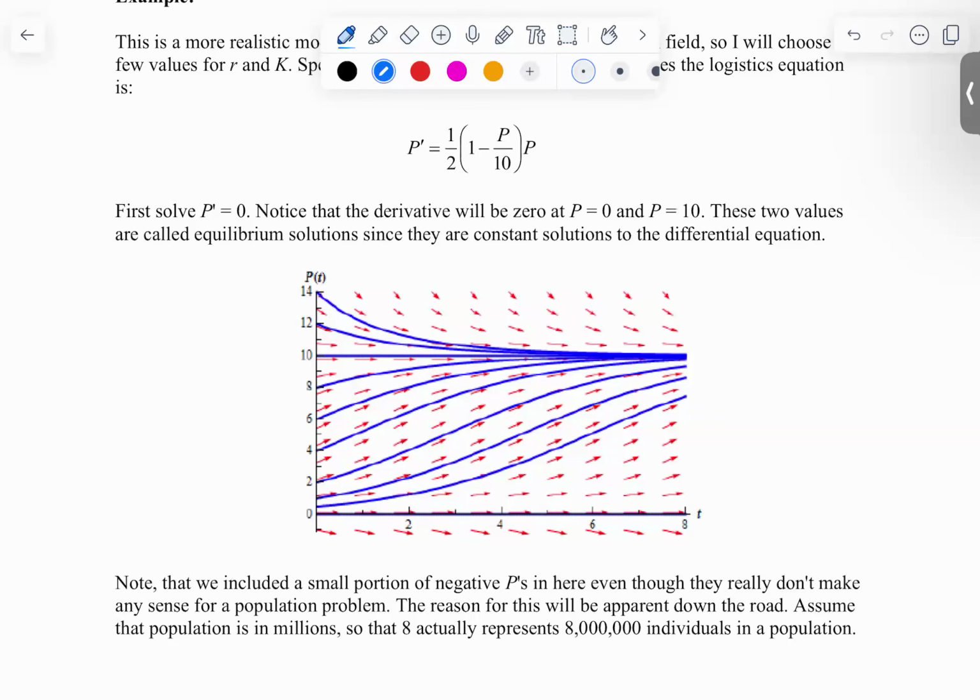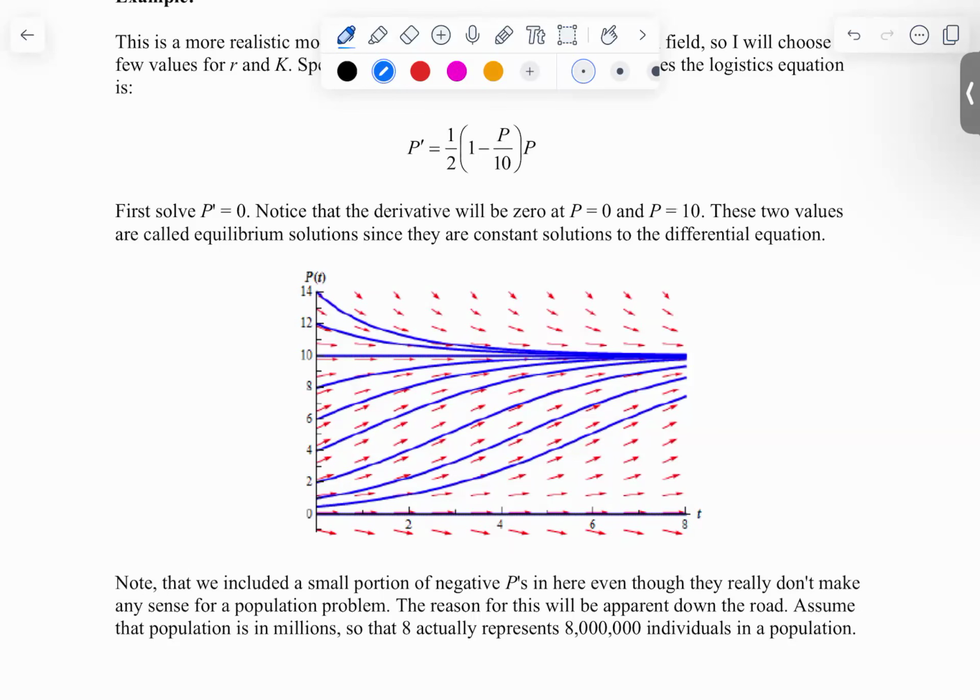And then at 10, even if you have a population above this 10 million, notice, because this is the saturation level, the carrying capacity of this situation, if it starts above, the population can't support it, and it heads towards the horizontal asymptote that exists at 10 here.